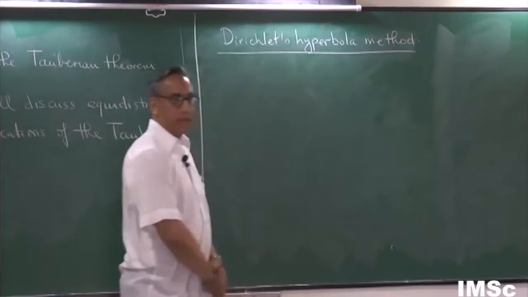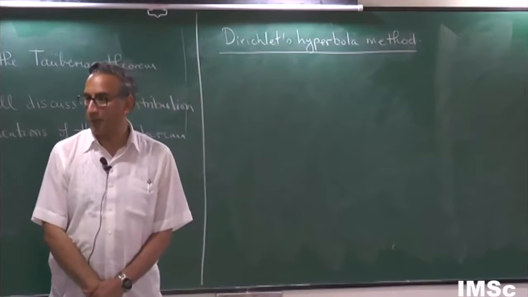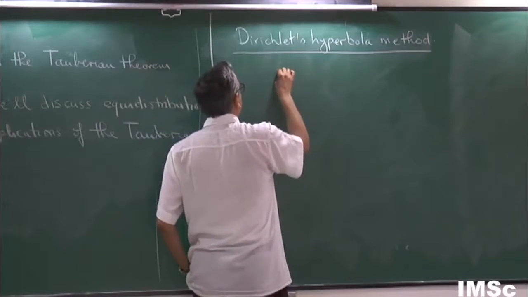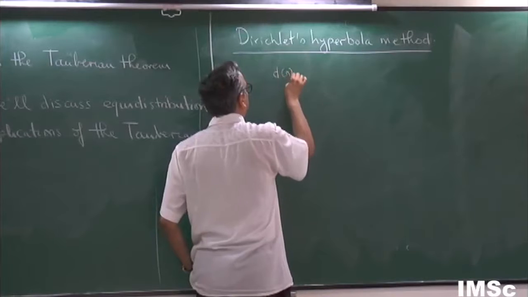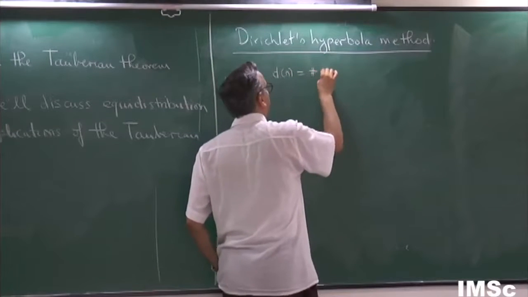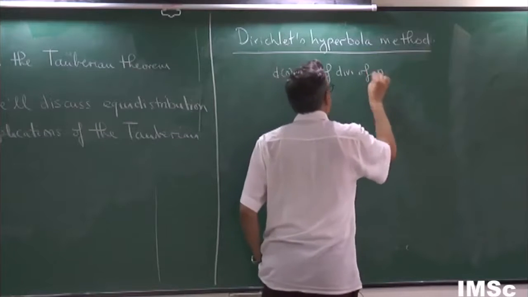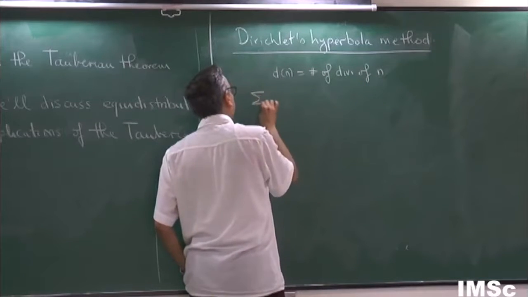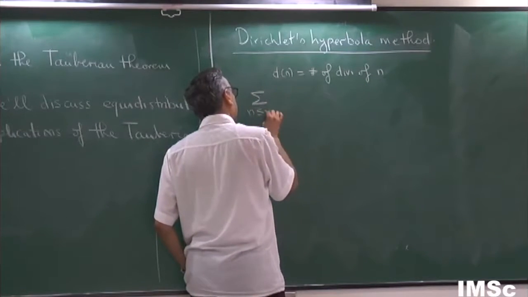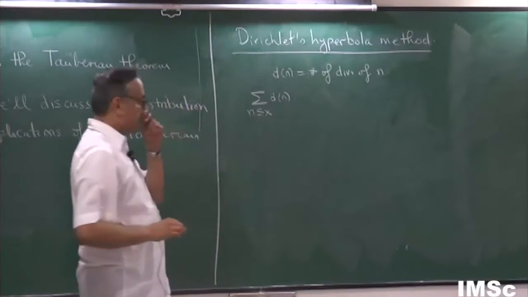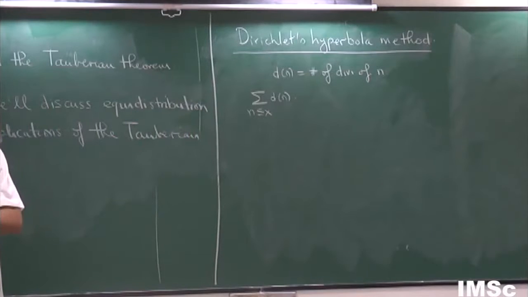So as a kind of motivating example, let me ask you the following question. Let d of n be the number of divisors of n. Calculate the summation of d of n, find an asymptotic formula for that.